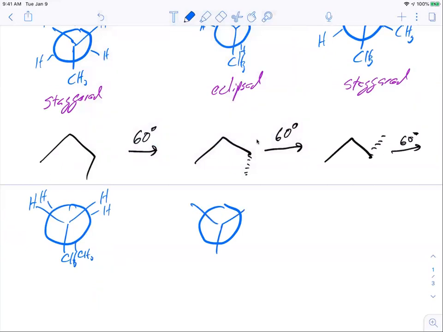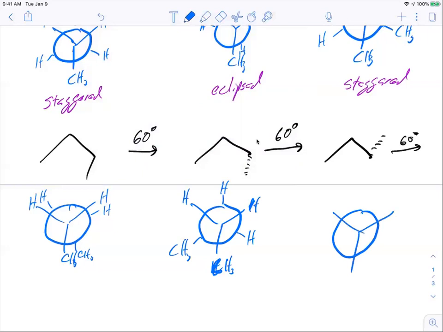The first carbon stays the same, and now we've got the CH3 going to the other side. The front carbon doesn't change.